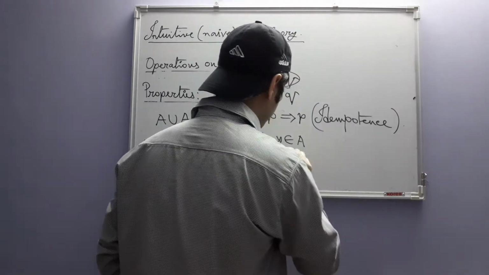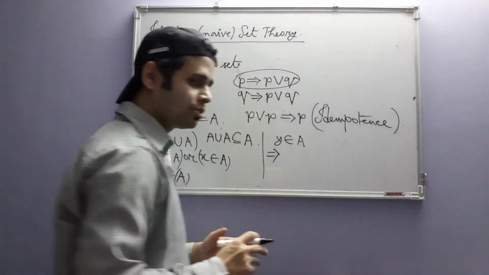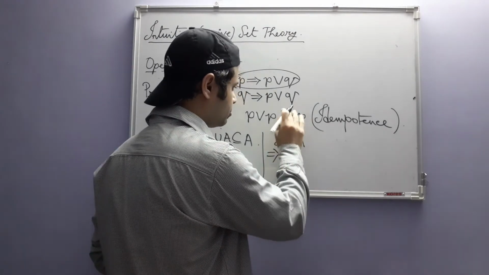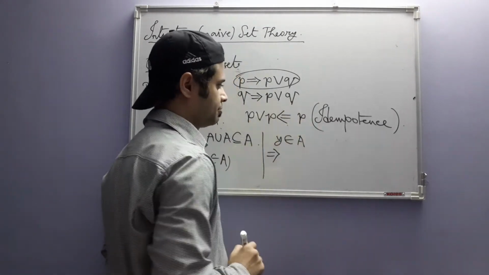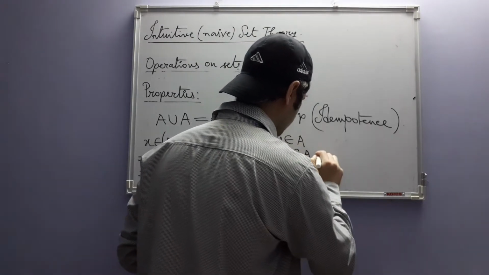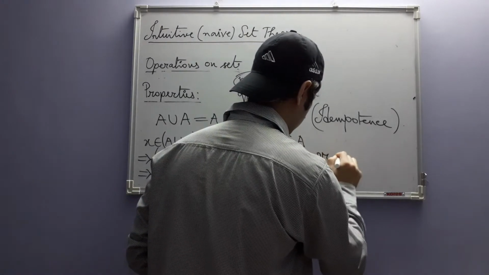So y belongs to A implies, by now you already know what I am going to do. So I am going to use this part now. I can write it twice with OR.